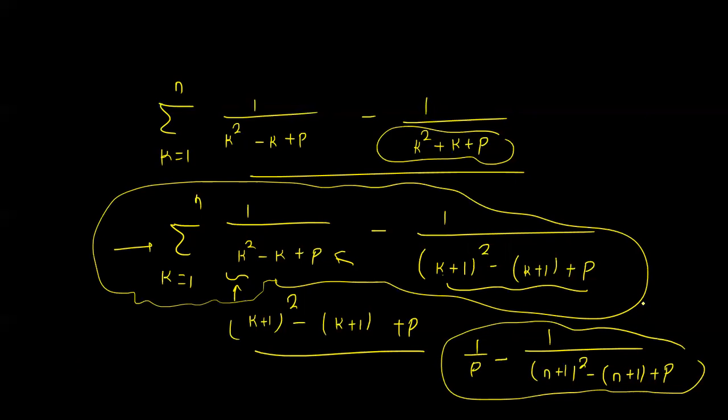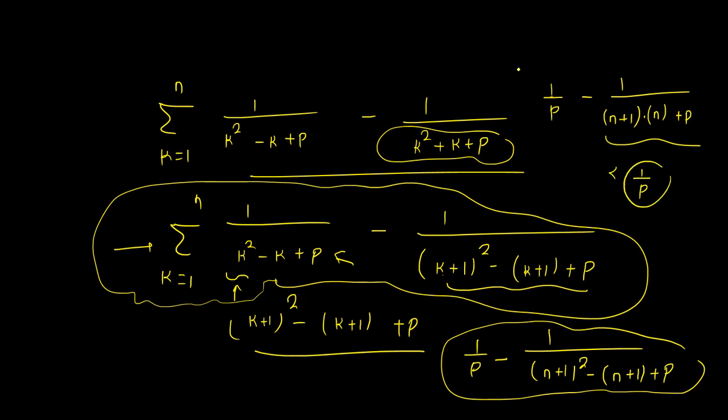And you can write this in this way: 1 by p minus, taking n plus 1 common, this will become multiplied by n this, and this quantity is always less than 1 by p, because n and p are positive quantities, and if we subtract something positive from 1 by p, it will become less than 1 by p.